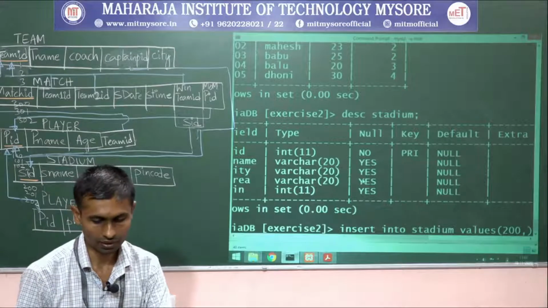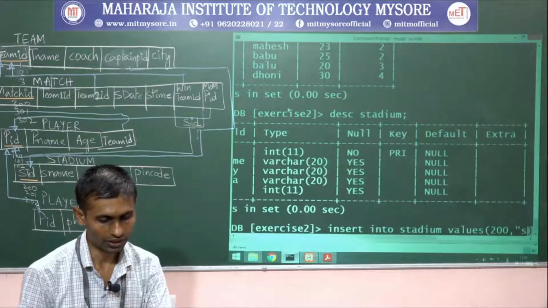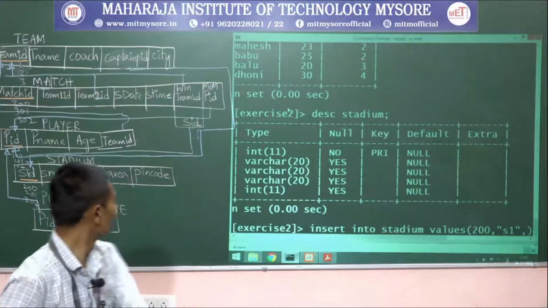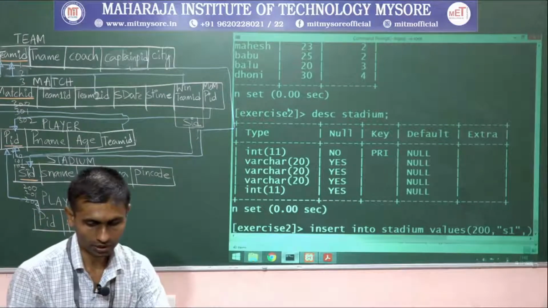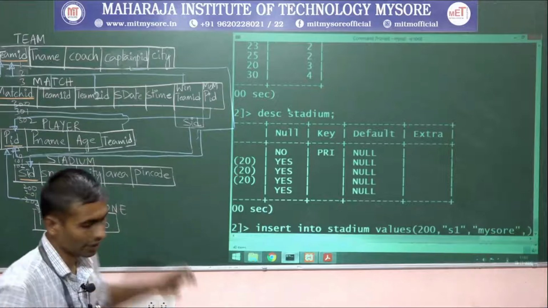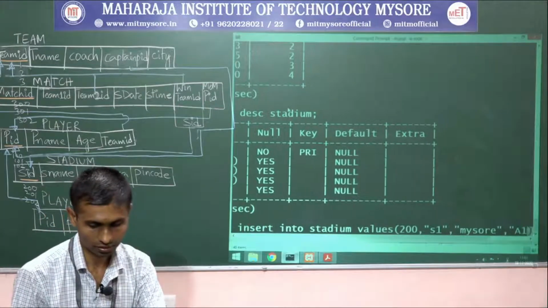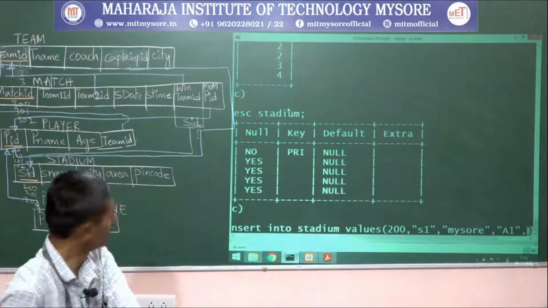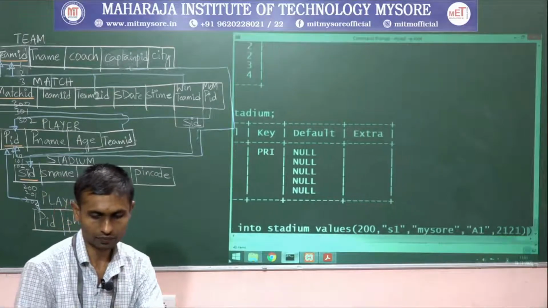Then stadium name, let me call it S1. You can give any name, no issues. Then city, Mysore. Then area, A1. Then pin code, some pin code I will write.